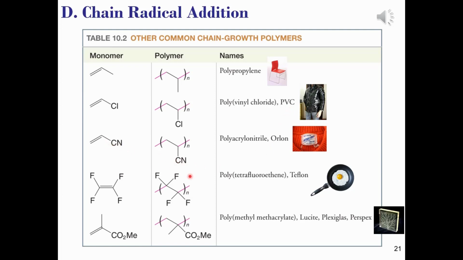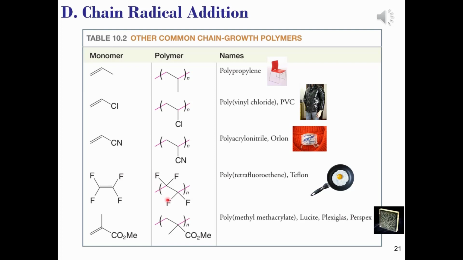One other very important and marketable polymer is called Teflon, and Teflon is polytetrafluoroethene, and this comes from tetrafluoroethene. Now, this is a very hydrophobic substance, so it's not going to get wet by water or any water-containing substances.